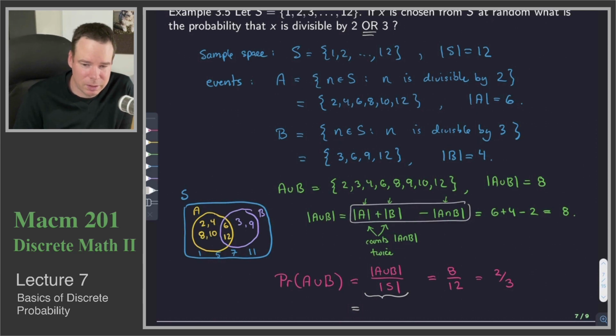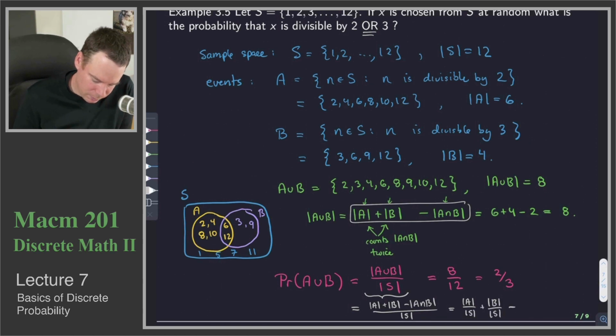If I write it out as that expression, I get that the numerator is the size of A plus the size of B minus the size of the intersection, all over the size of S. And then I can divide S into each of those three parts, and I get the size of A over the size of S plus the size of B over the size of S minus the size of the intersection over the size of S. And what are those? Well, the first one is the probability of A. And then the second one is the probability of B. So that's added to the probability of B.